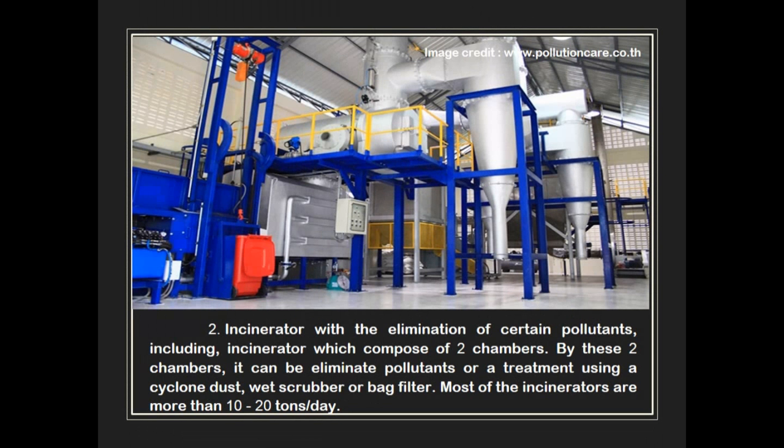Incinerators with the elimination of certain pollutants, including incinerators composed of two chambers. By these two chambers, pollutants can be eliminated or treated using a cyclone dust collector, wet scrubber, or bag filter. Most of these incinerators are more than 10 to 20 tons per day.